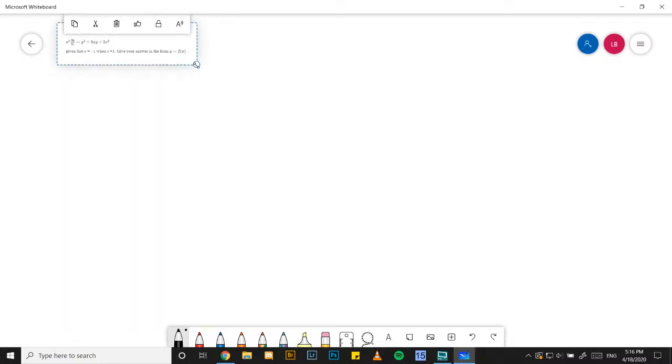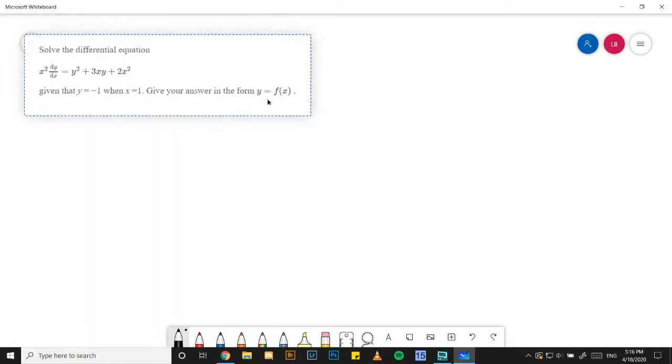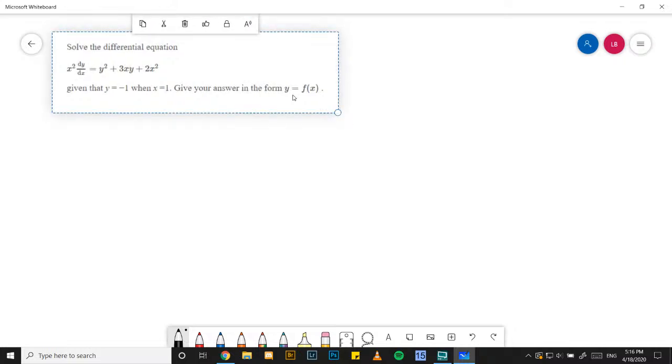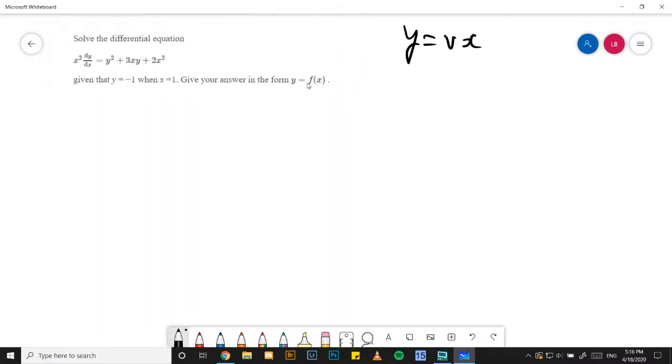Okay, here we go. So, given the form y equals f of x, the way that we would solve this one is we need to again use the fact that y equals vx and that dy dx is equal to v plus dv dx times x.